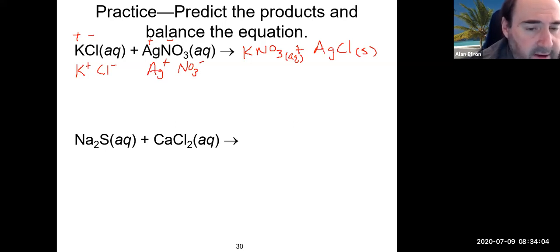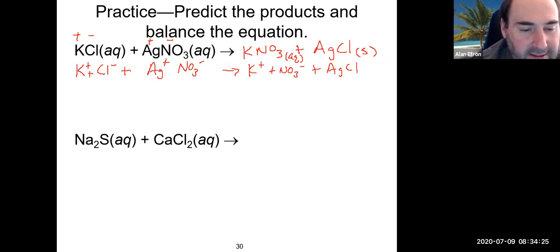If you wanted the net ionic equation, you could kind of work backwards if you want. But here we'll go through the whole thing. So this is our total here, plus and plus. On this side, we would have K plus and NO3 minus, all aqueous. I just didn't write it.